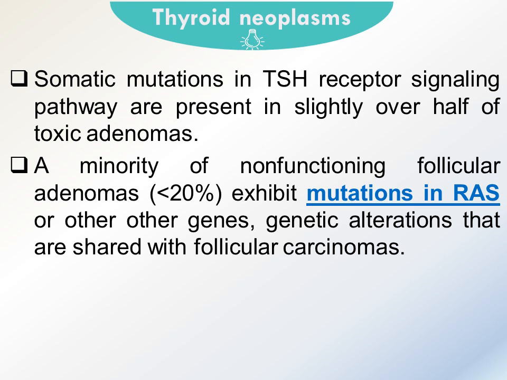Overall, somatic mutations in the TSH receptor signaling pathway are present in slightly over half of toxic adenomas. A minority of non-functioning follicular adenomas, less than 20%, exhibit mutations in RAS or other genes, genetic alterations that are shared with the follicular carcinomas.